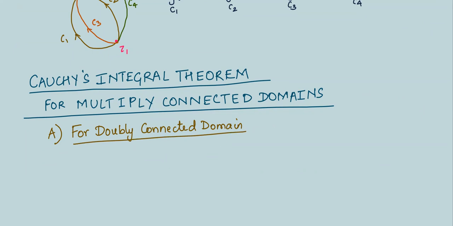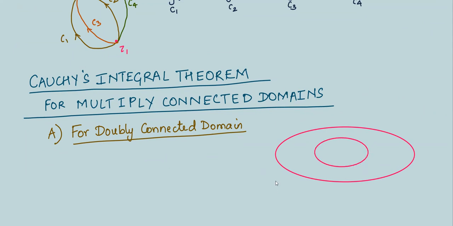For a doubly connected domain, let us say this is the boundary of a doubly connected domain. This is path C1, this is path C2.